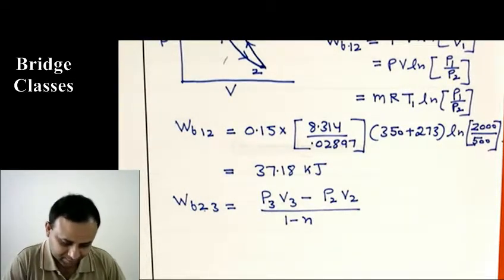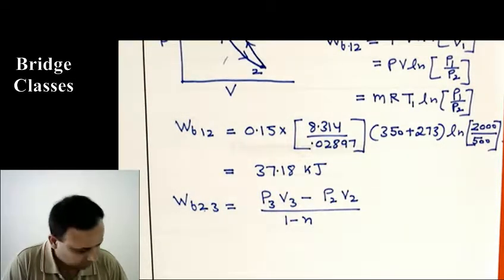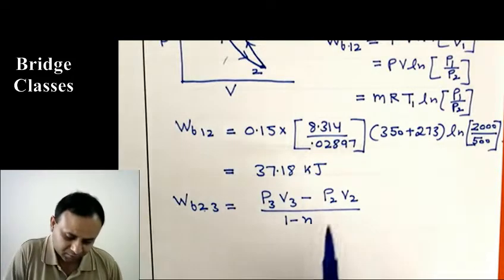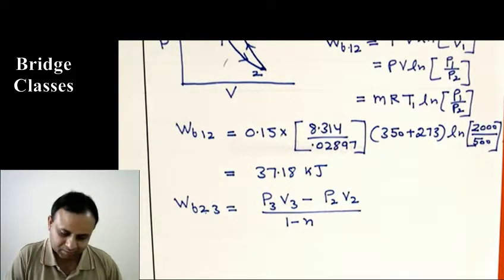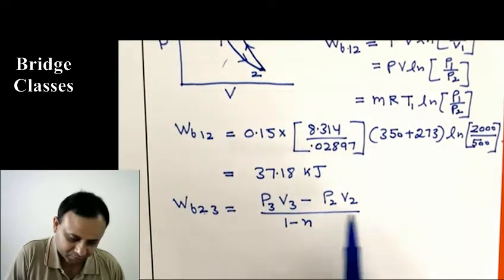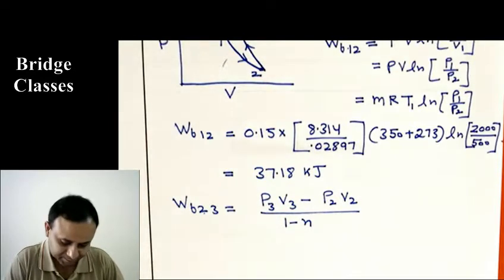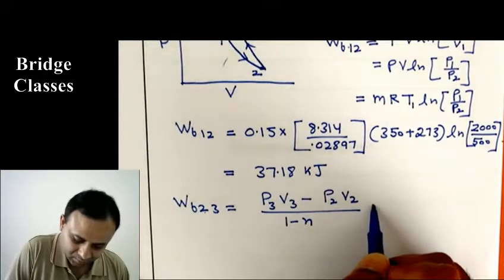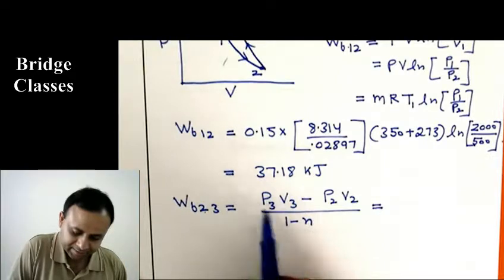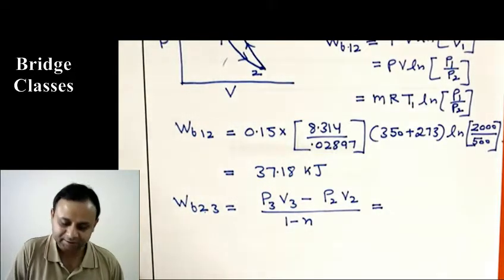And let us see, to do this, we already have P2 and P3 available. But we don't have V2 and V3. So I'm thinking what will be the easier way to do this problem. One option is I can write this PV as mRT.